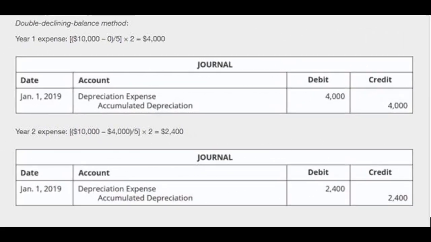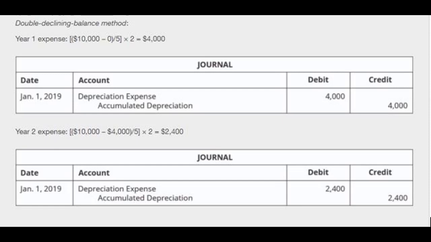Then you have a very strange method called the double declining balance method. There is a calculation that you must use to compute depreciation, which again, keep in mind, is the loss in value of the asset in year 1 and year 2. But the depreciation method doesn't seem to rely upon the amount of time that you are using the asset or the same amount of depreciation each year.